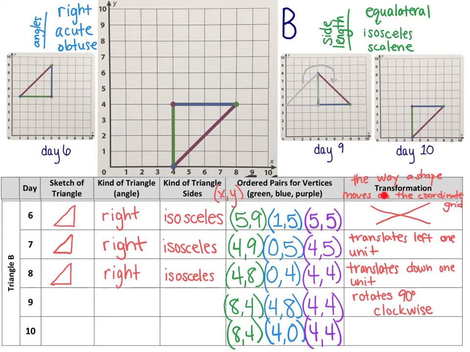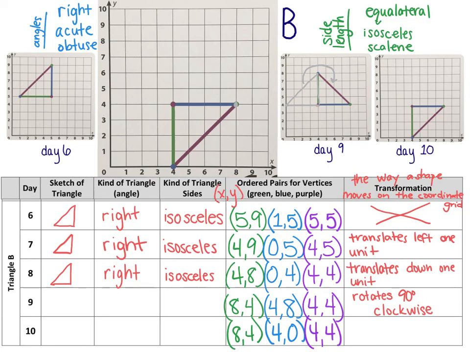Okie dokie. Transformation. Where the shape moves on the coordinate grid. So I'm going to look at my day 9 triangle, which is this one right here, and I'm going to draw it in gray. So we have point 8, 4 on day 9. There it is. Let me put a dot there. Now we have 4, 8. 4 on the x-axis, 8 on the y-axis.